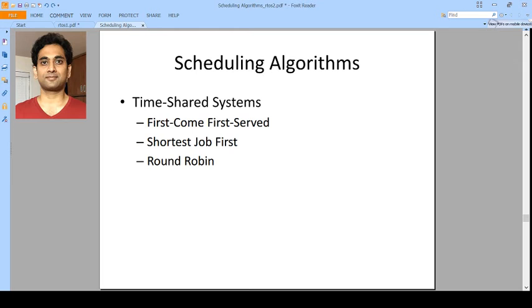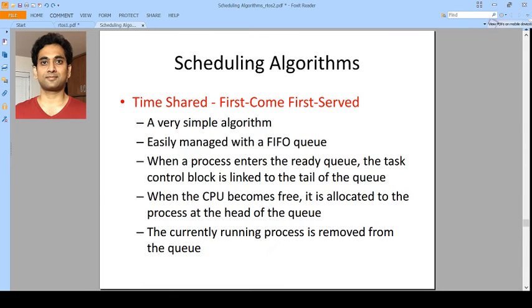We will try to quickly look at these schemes. First come first served is a really simple algorithm. It is easily managed using a first in, first out queue.